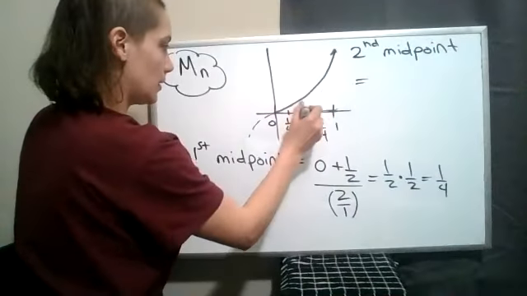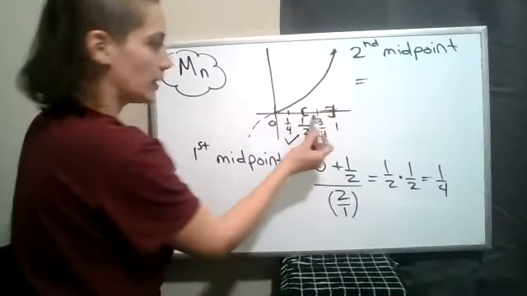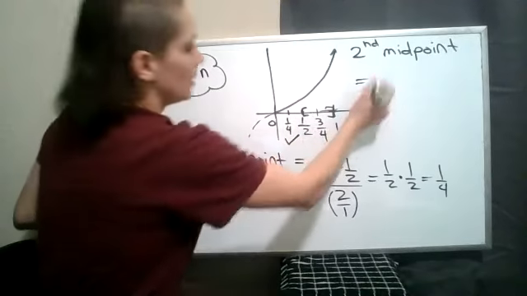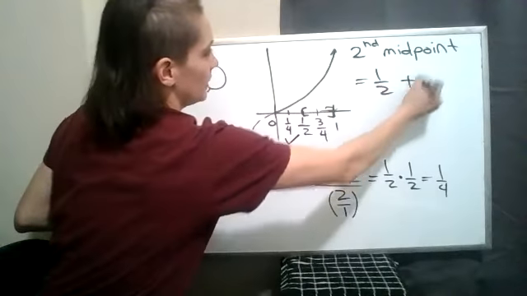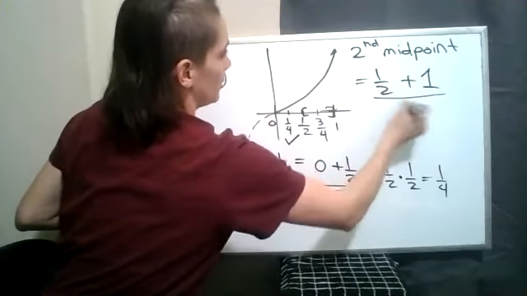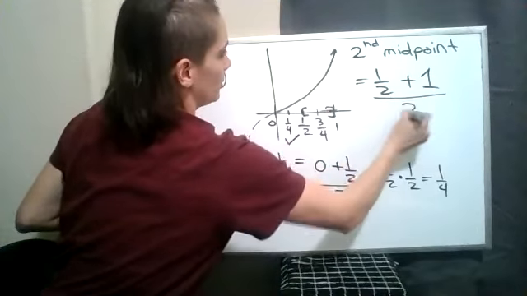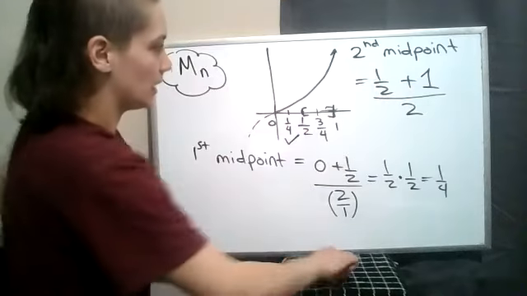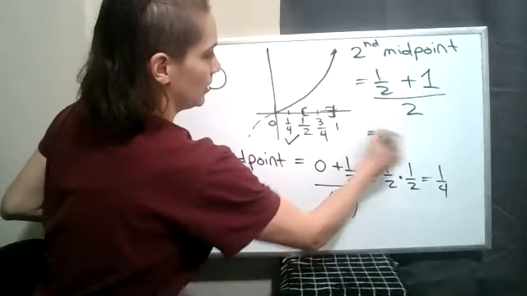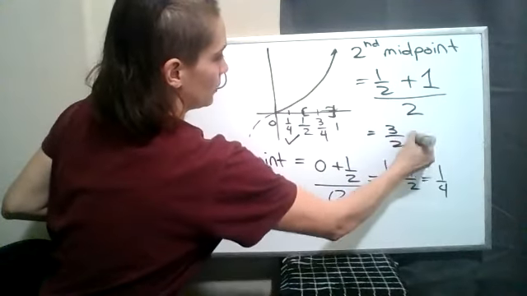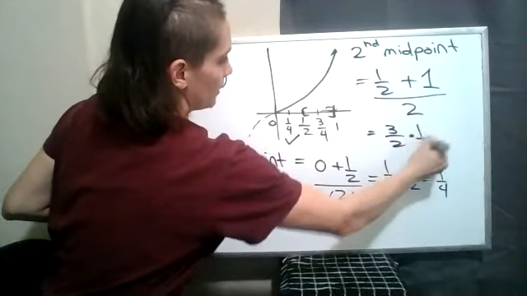So it's this part that we want the midpoint of. We take the ends, add them together, divide everything by 2. So 1/2 plus 2 over 2 is 3 over 2. And then take that number, multiply by 1/2. Same trick as I did right here. I've got 3/4. Sweet.